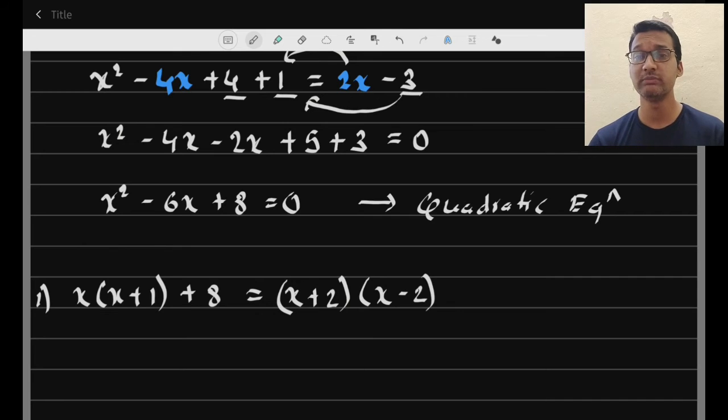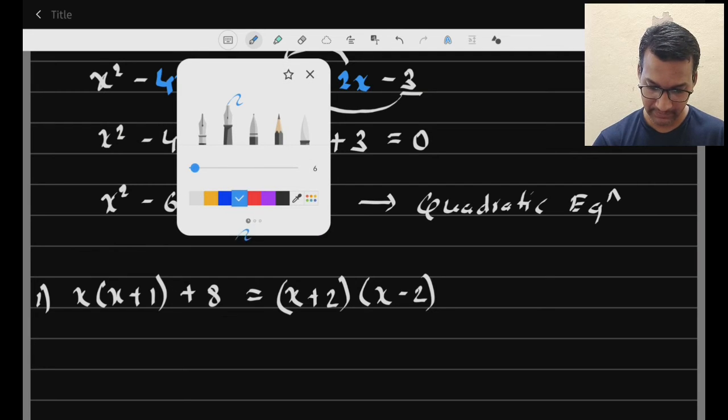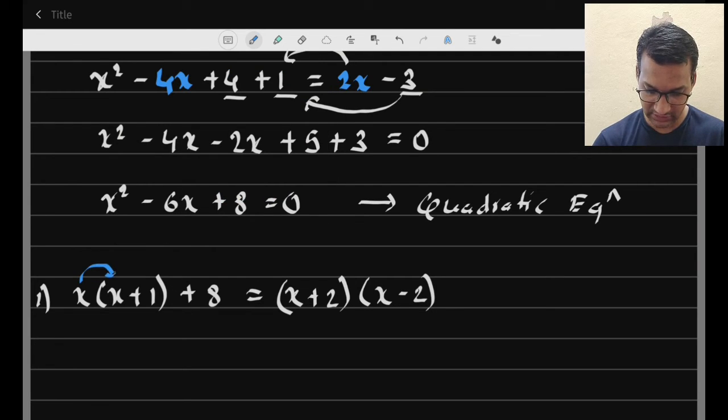Now we'll have to simplify this. So first I will have to multiply this x inside the bracket, and these two brackets also I have to multiply. Let us see how.